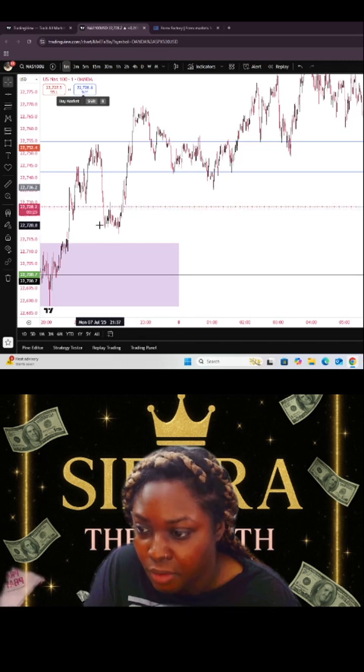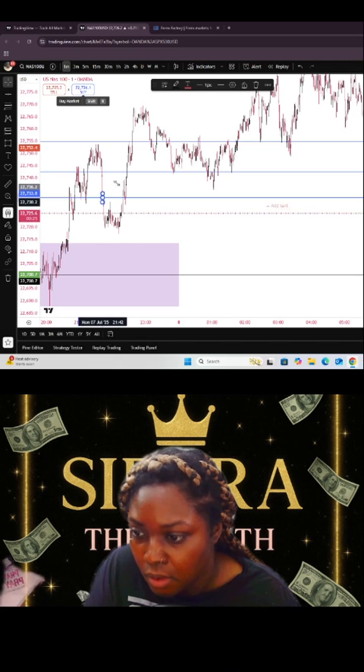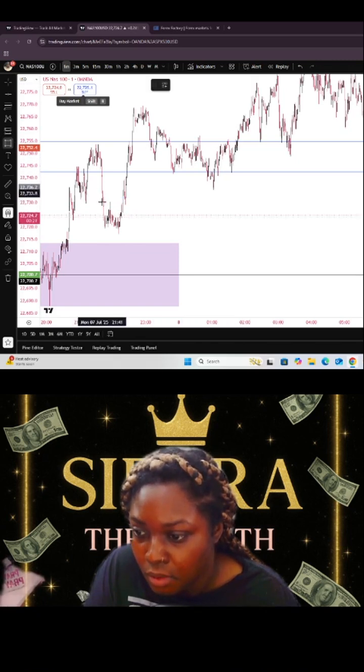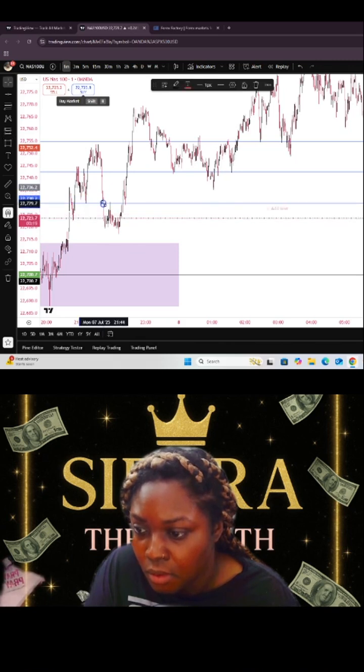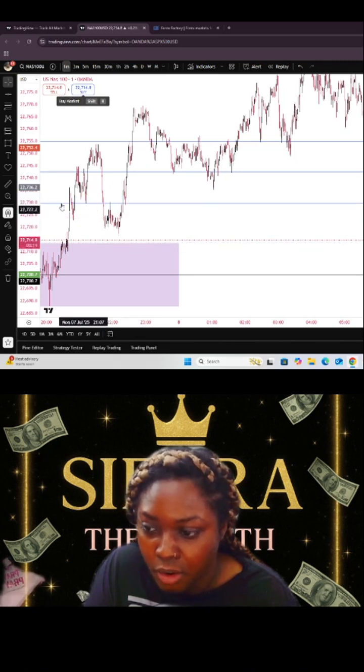I do see a fair value gap. And it was definitely a zone, but price is down here now. It's broken it.